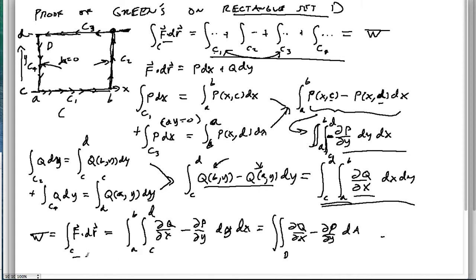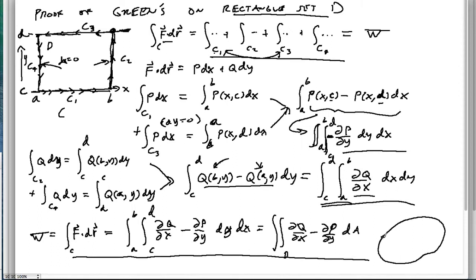Right, so that is the proof, or more of a direct calculation of Green's theorem on a square. So obviously, if you have a strangely shaped object, what we have to do is put a square there. I can actually start tiling out our space and filling it out with a bunch of squares.